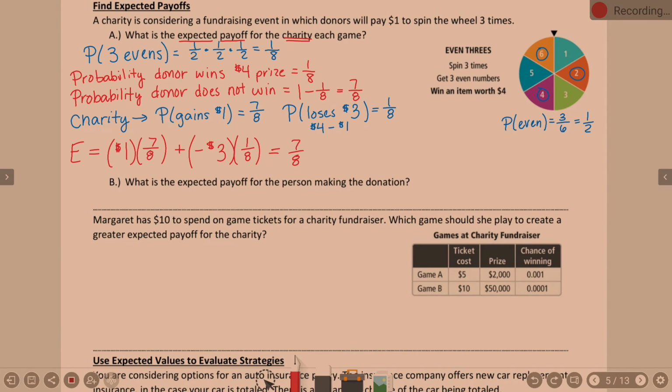Negative 3 times 1/8: well, 3 as a fraction is 3 over 1, and 3 over 1 times 1 over 8 is 3/8. 7/8 minus 3/8 is 4/8. My brain says 4/8 is 1/2. But what am I supposed to be finding here? I'm supposed to be finding expected payoff, right? Money. So what is this as money? 50 cents.